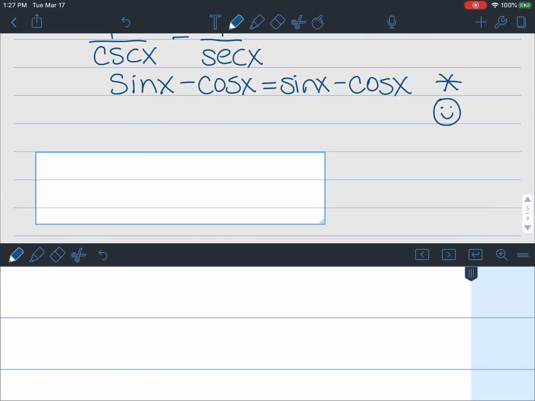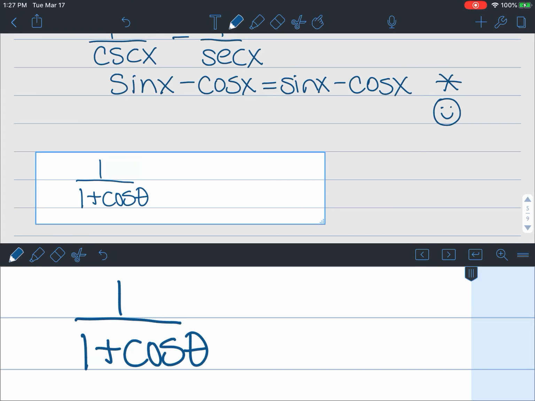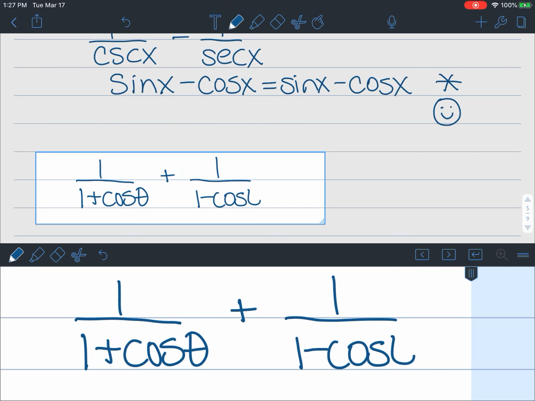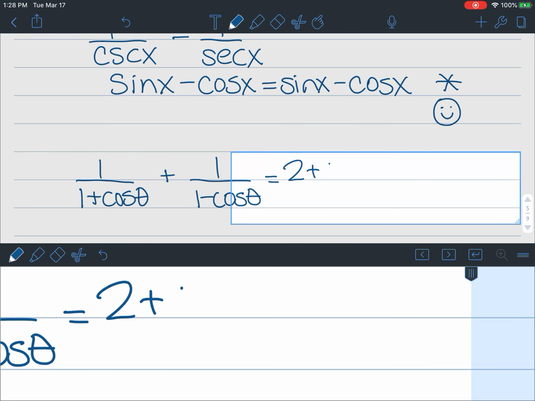Let's try the next one. This one's got some more fractions in it. 1 over 1 plus cosine theta plus 1 over 1 minus cosine theta equals 2 plus 2 cotangent squared theta.